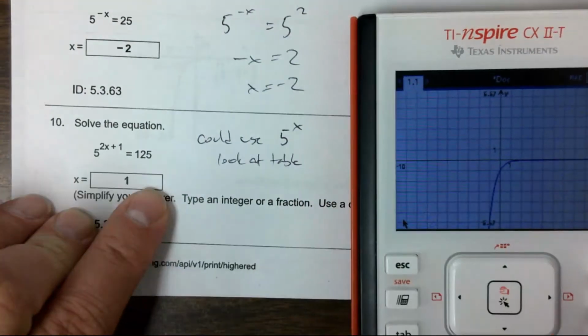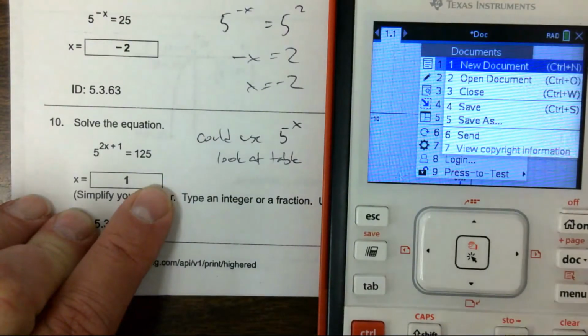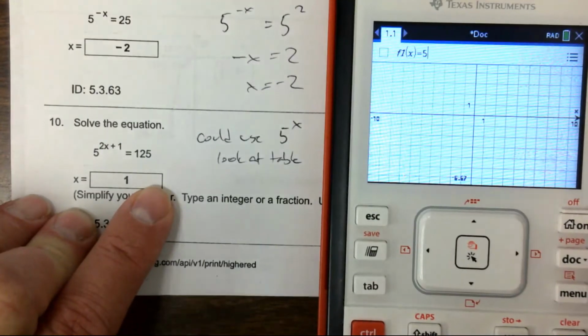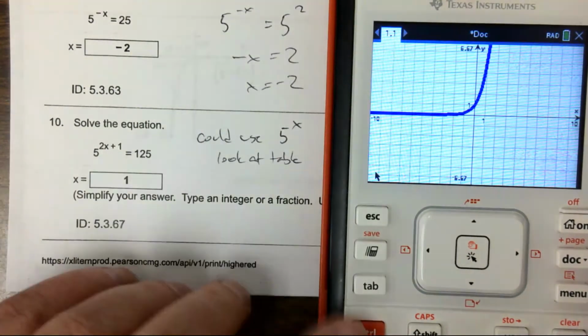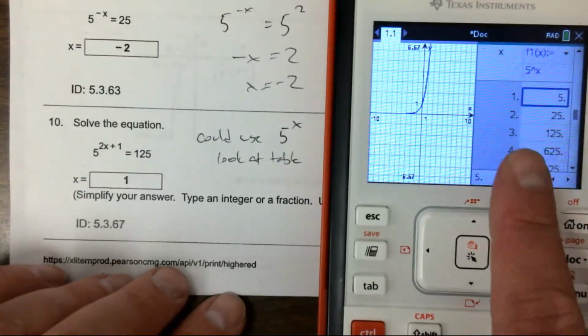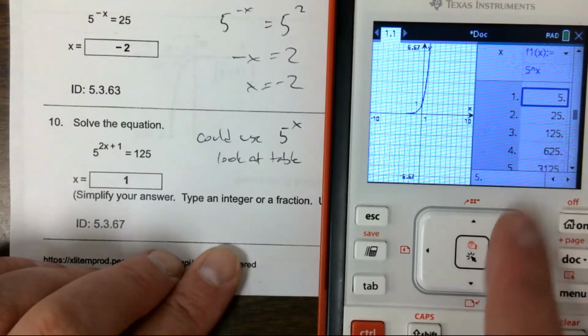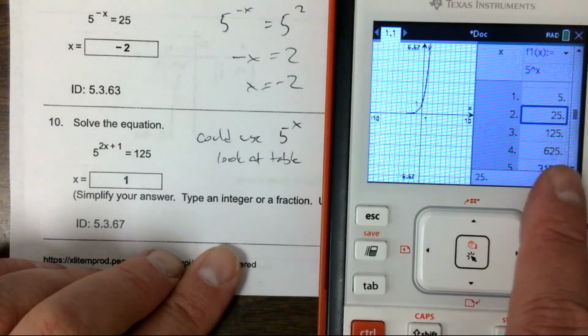Because then you can figure out, is it really 5 squared, 5 cubed, 5 what? So 5 squared is 25, 5 cubed is 125.